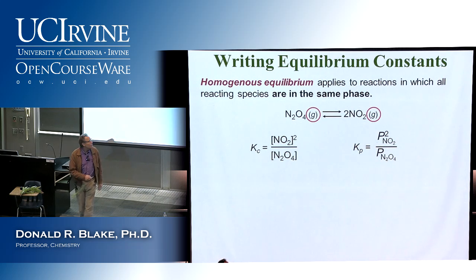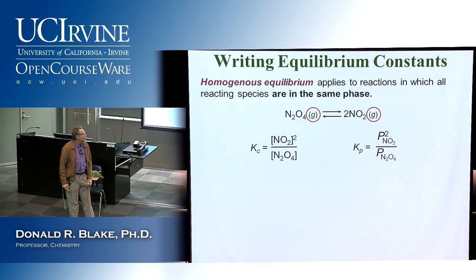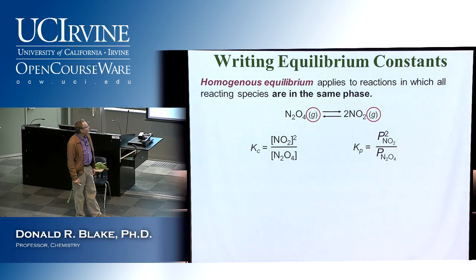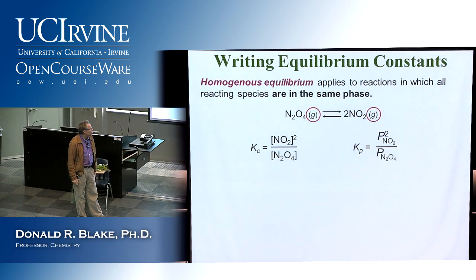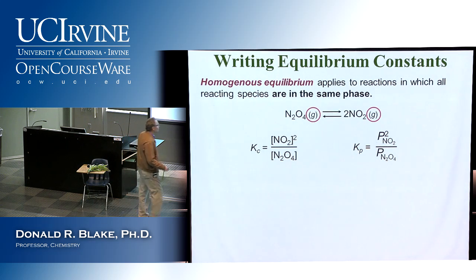So, what is K sub P if the pressure of N2O4 is 400 torr and the pressure of NO2 is 400 torr? What is K sub P?